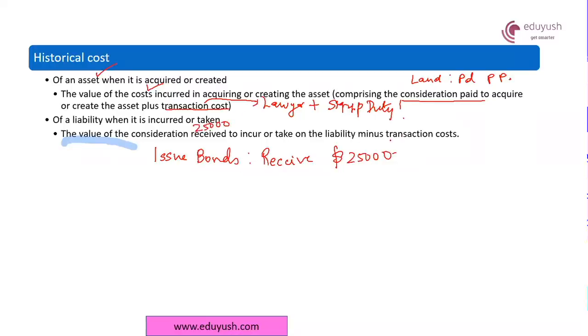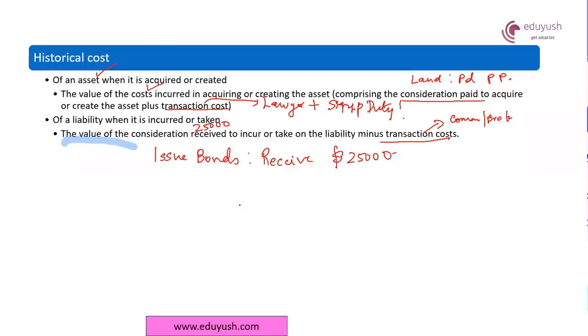But from that, you will minus any transaction cost. So suppose you have to spend any commission or brokerage, you will reduce it, and the net value is the liability. Okay, but of course, this is the guidance given to us basically, but we need to refer to the respective accounting standard to tell us at times how to record it.